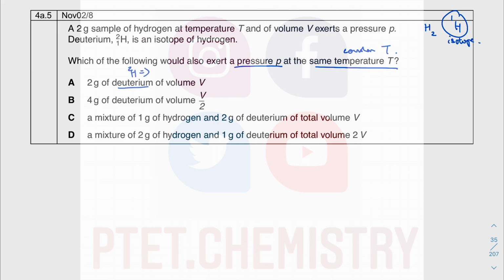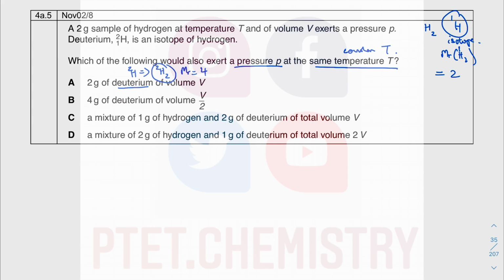So when you have deuterium, you have 2H2, and the molecular mass will be 4. The molecular mass of 1H2, hydrogen 1 diatomic, would be 2.